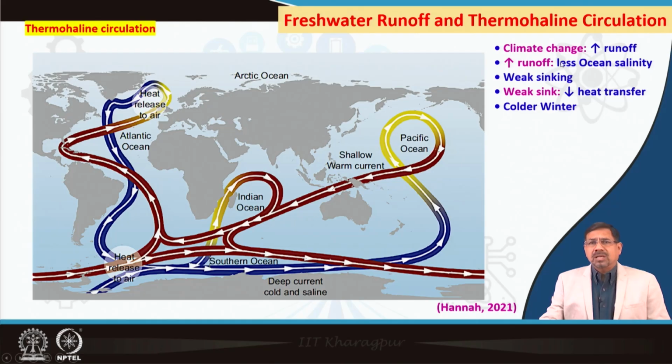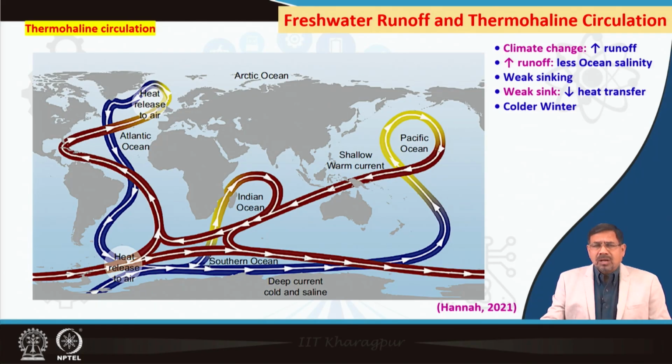So, climate change leads to runoff and lower ocean salinity. Weak sinking leads to reduced heat transfer, and in turn we receive a kind of temperature change, followed by colder or milder winters. So, this broadly explains the transfer of heat and the salinity gradient, or the salinity variation, because of the circulation.